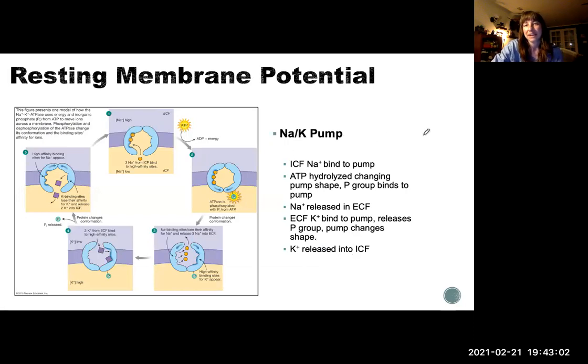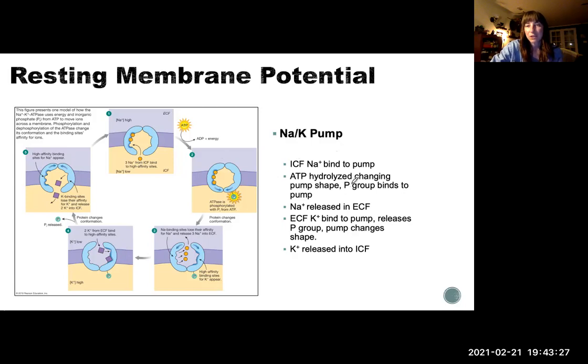So the way the sodium-potassium pumps work step by step, basically, is that the sodium in the intracellular fluid binds to the pump. The pump uses ATP, because this is active transport, uses ATP hydrolyzation. That chemical reaction changes the shape of the pump, of this protein.